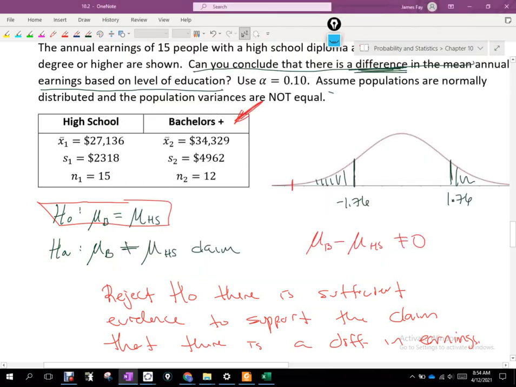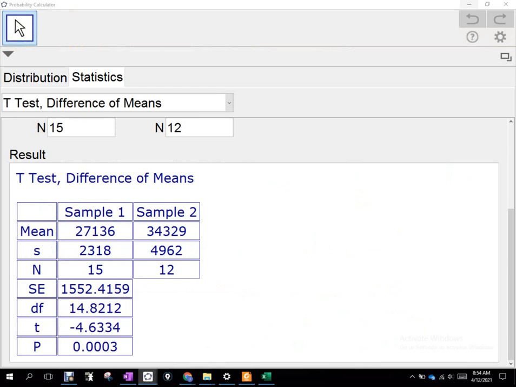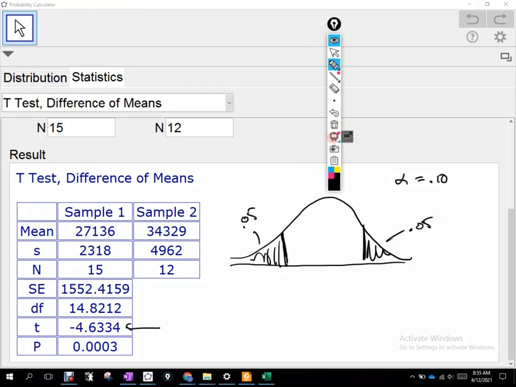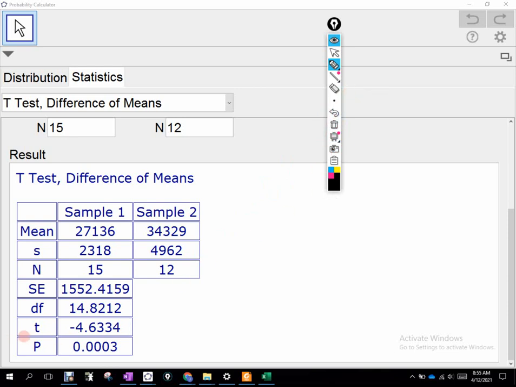But ultimately, when you look at that readout, and this was the point of me going through the critical value strategy here, what's the most important value that they give me up there? That's the most important value.